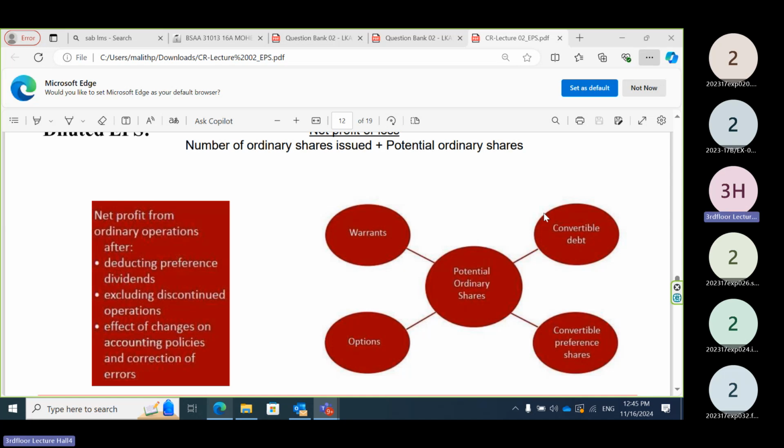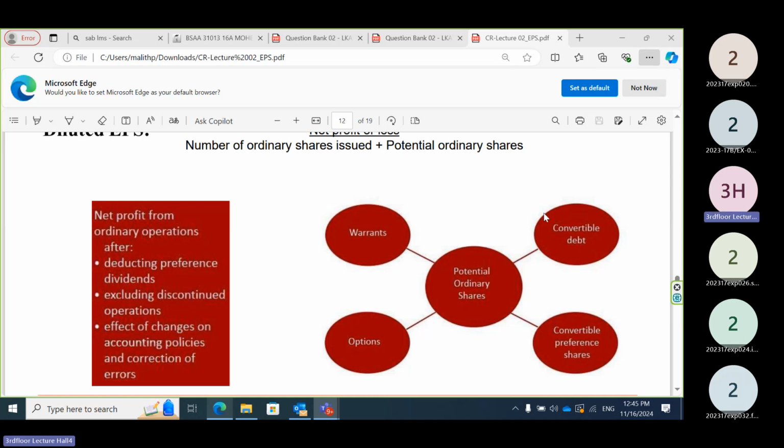Now, what's the impact on earning per share? That's the area we should focus on. If there is an agreement like that, then within another 5 years time, whatever the available preference shares, they were not considered in the denominator of basic EPS.